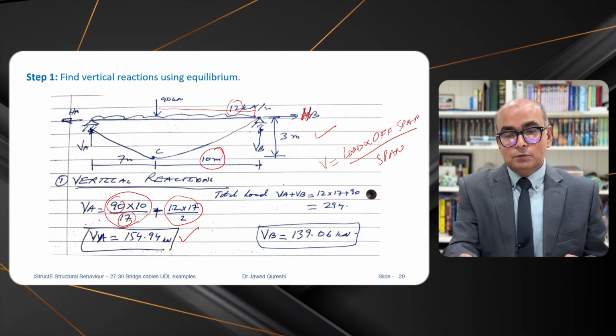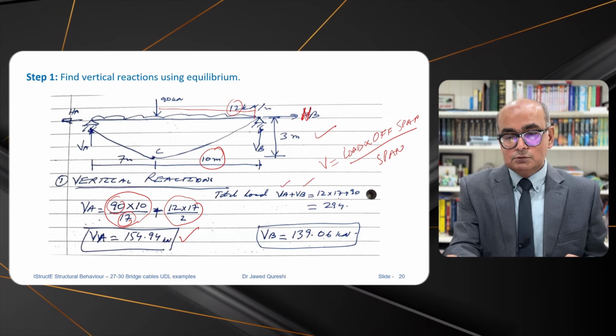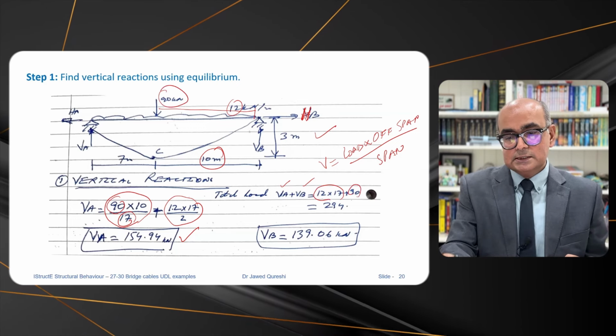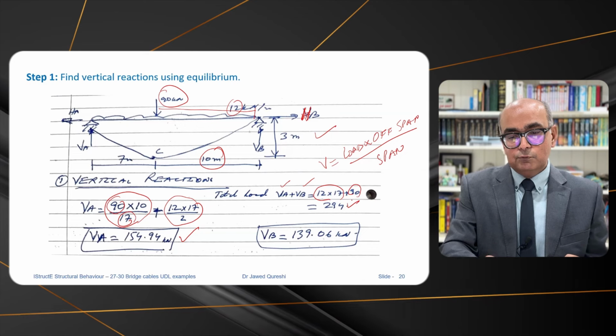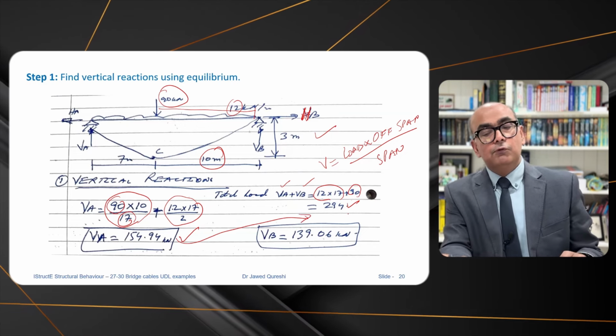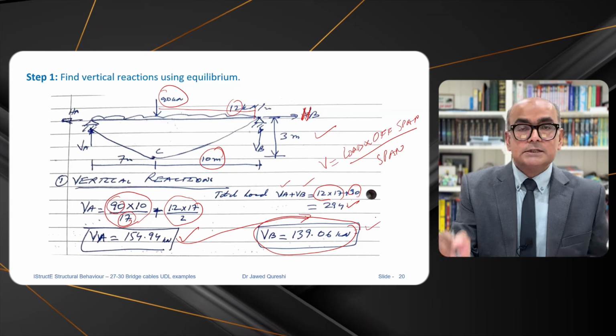The total load VA plus VB is equal to UDL 12 times 17 plus point load, which is 90, so it is 294. So if I subtract this value 154 from 294, I will get 139, which is the value for vertical reaction at B.